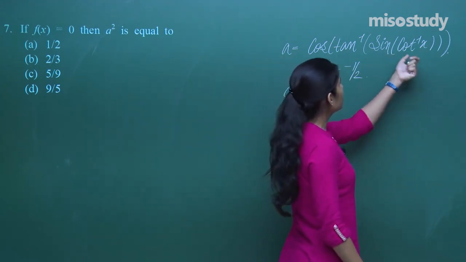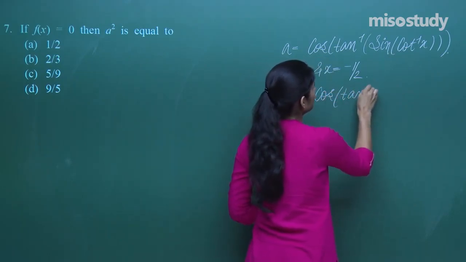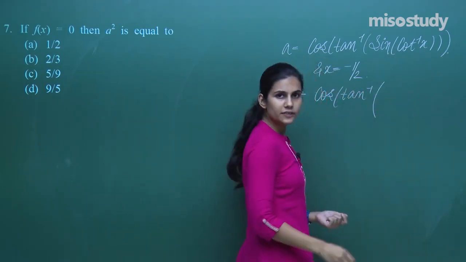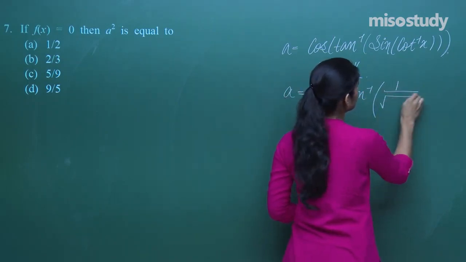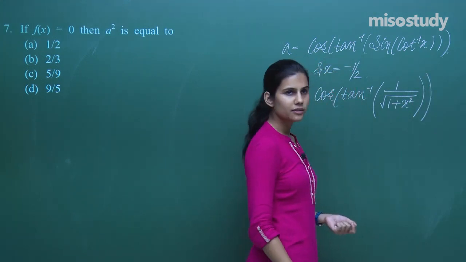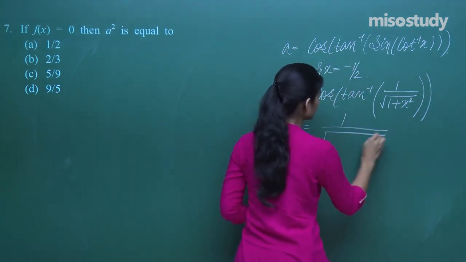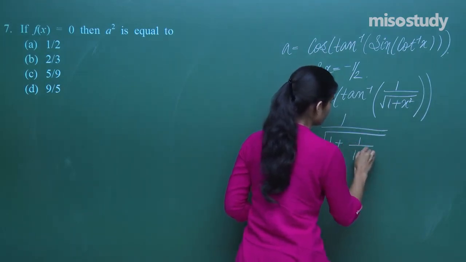Now you know sine of cot inverse x, this is cos of tan inverse of sine of cot inverse x. Just now we did, it came out to be under root 1 upon under root 1 plus x square. And this becomes what? 1 upon under root 1 plus 1 upon 1 plus x square.